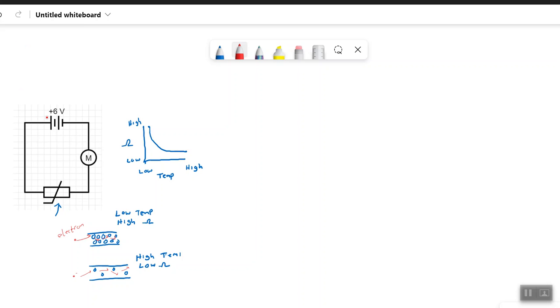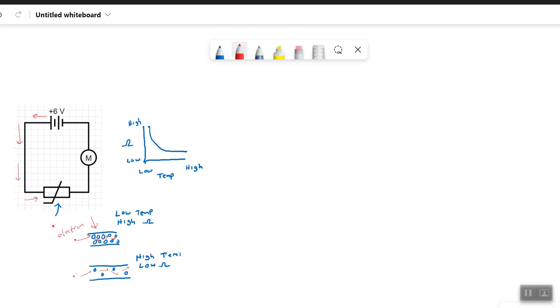So this is the path that the electron is going to take. The flow of electricity is going to take this path, and then it's going to come up against this resistor here. If the temperature is really low, if it's really cold, this resistor is going to be in this state, and the electron is going to find it very hard to move through. And when it can't get through, you're not going to get enough electrons moving through this motor in order to make it turn.